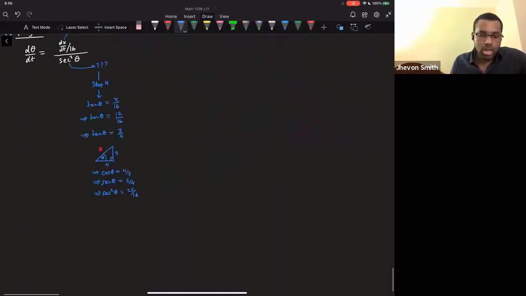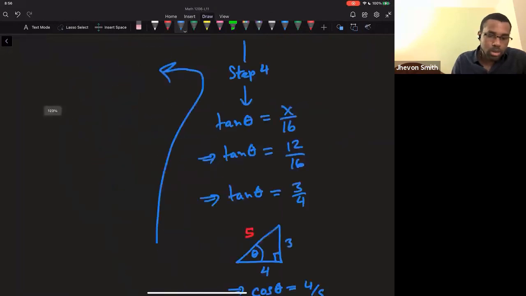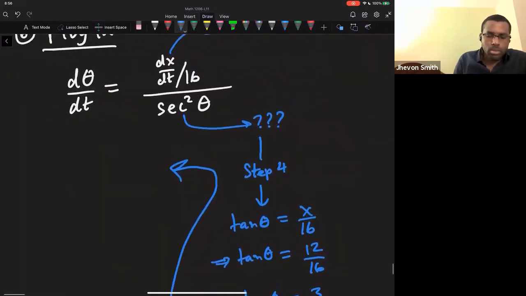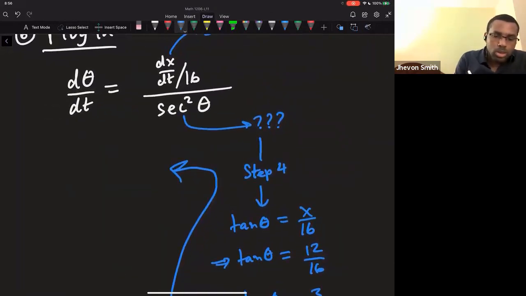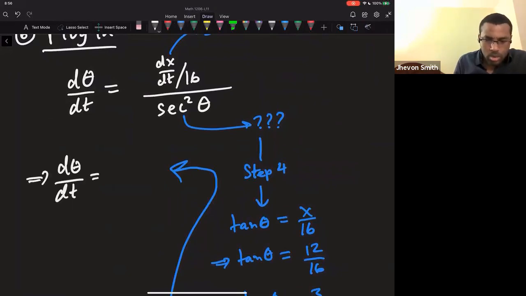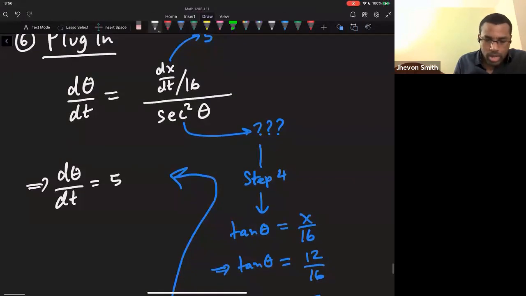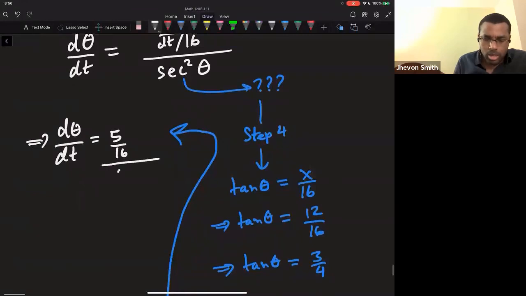And then you move that back up. So you have d theta dt equals 5 over 16 divided by 25 over 16.